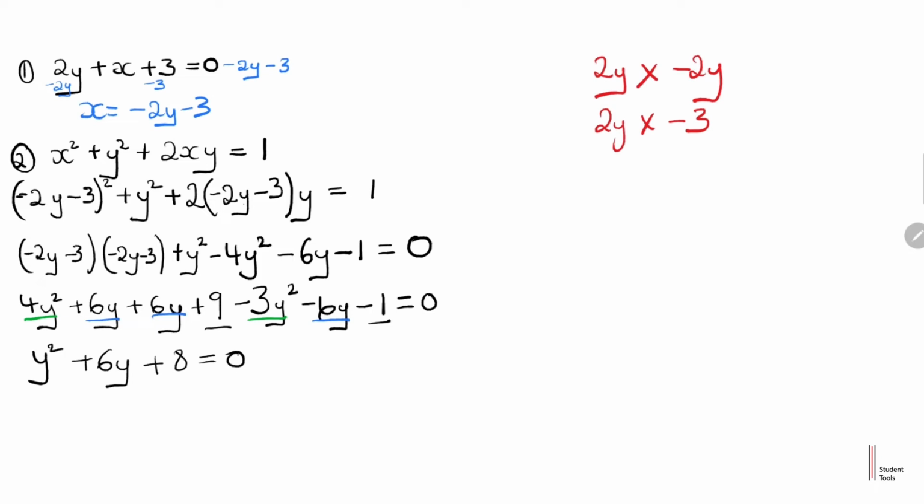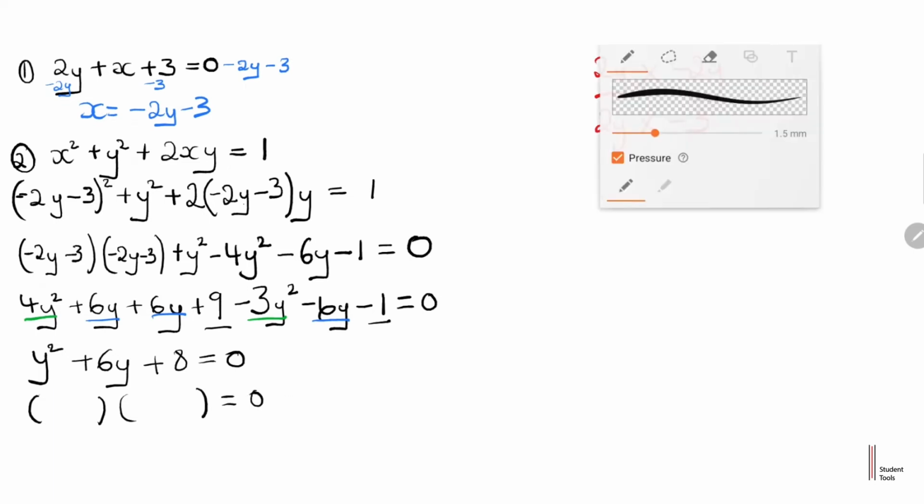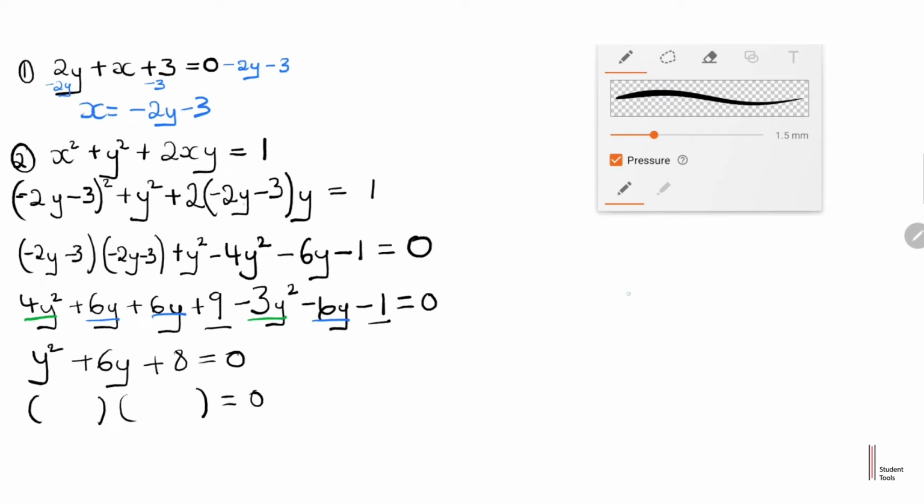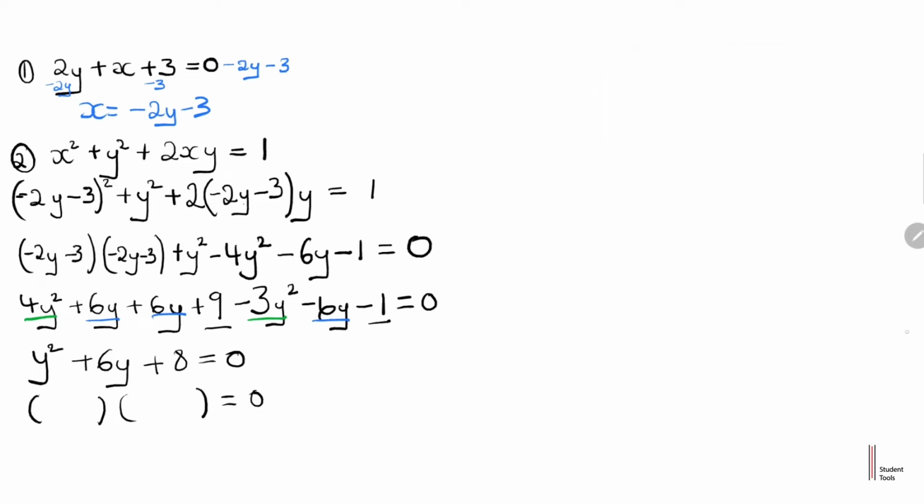So now when we are on this step, we can now factorize and get the values of y. So to factorize this, we will have our two brackets and have them equal to a 0. Let's remove this so that we can use the space. And now we have to find the factors of 8.